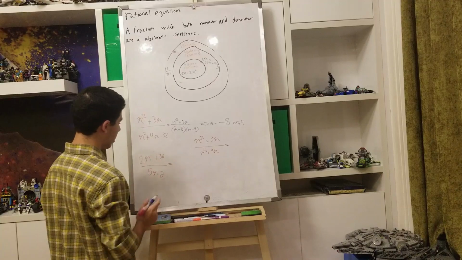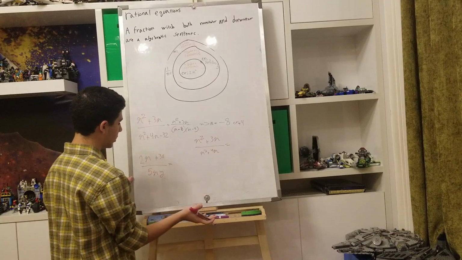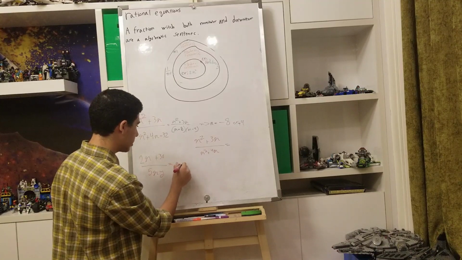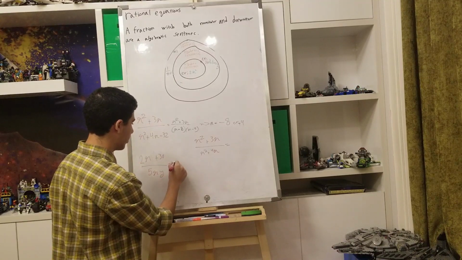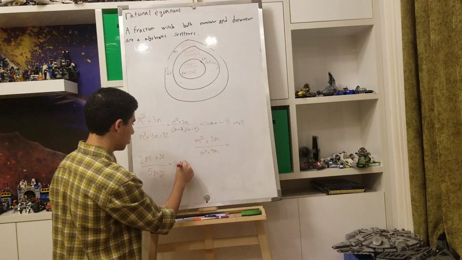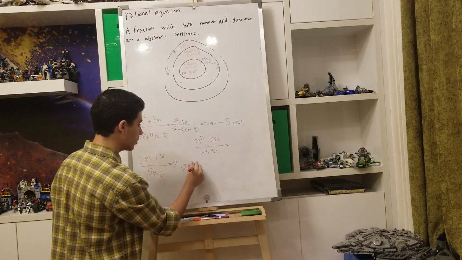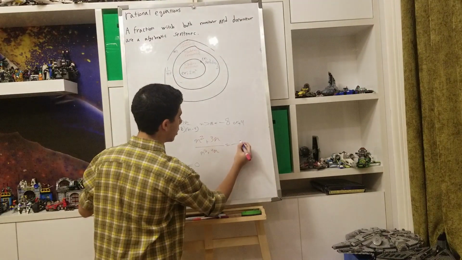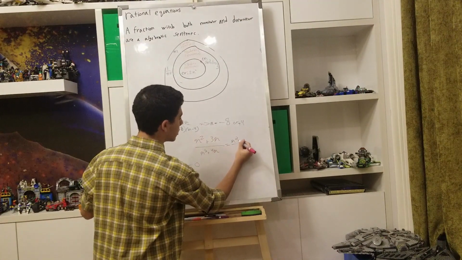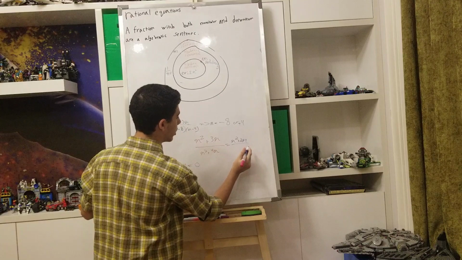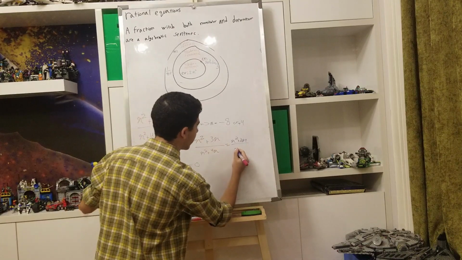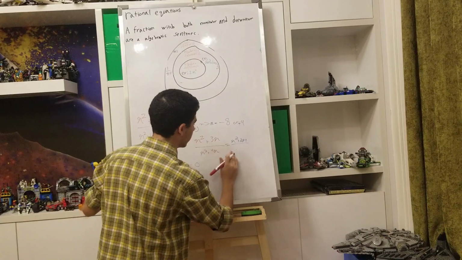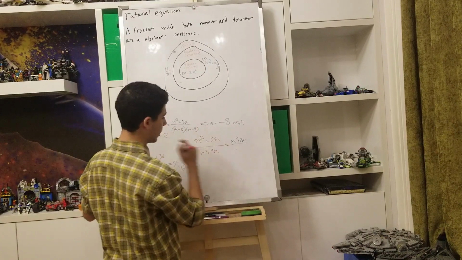Now here, it's basically easy. I don't need to play with it. I just need to say that the denominator equals 0. And in this case, I need to do this: x squared plus 4x.